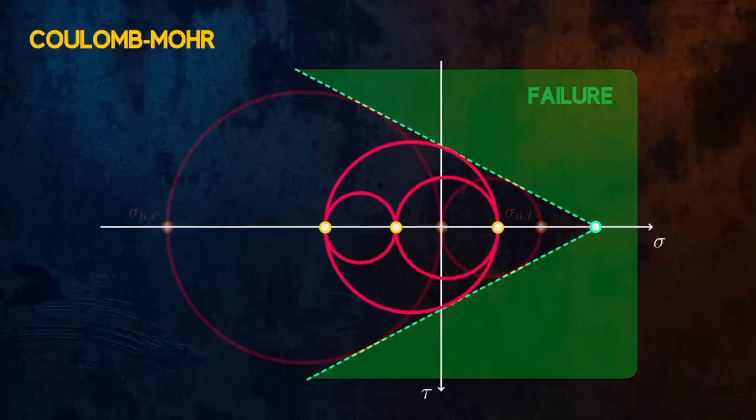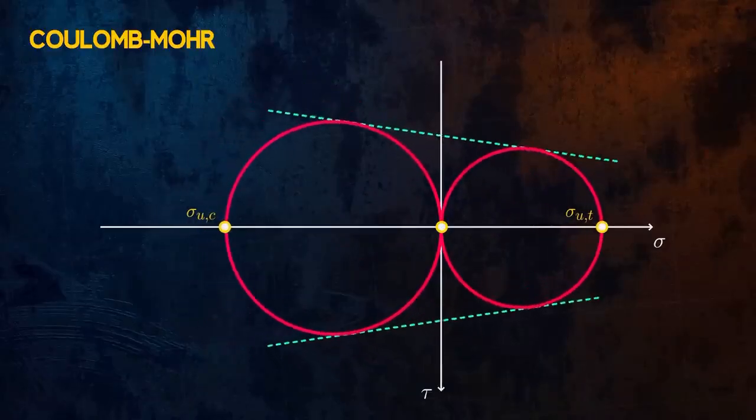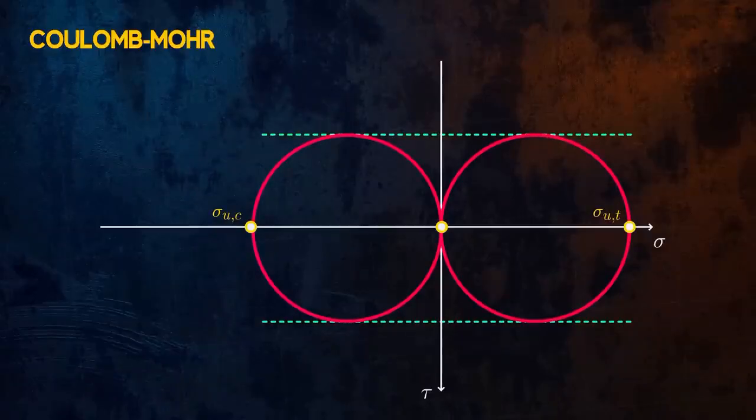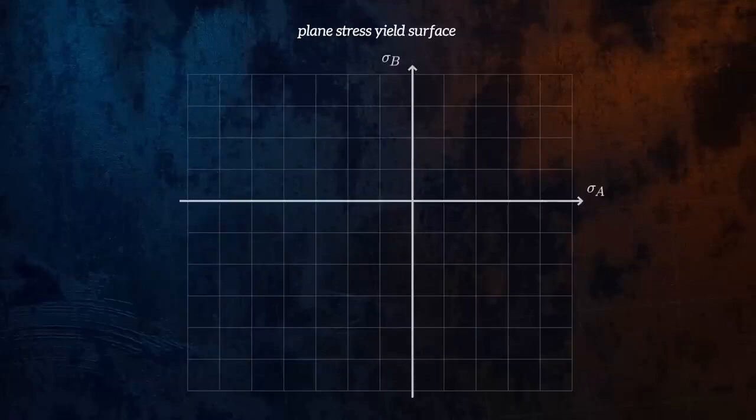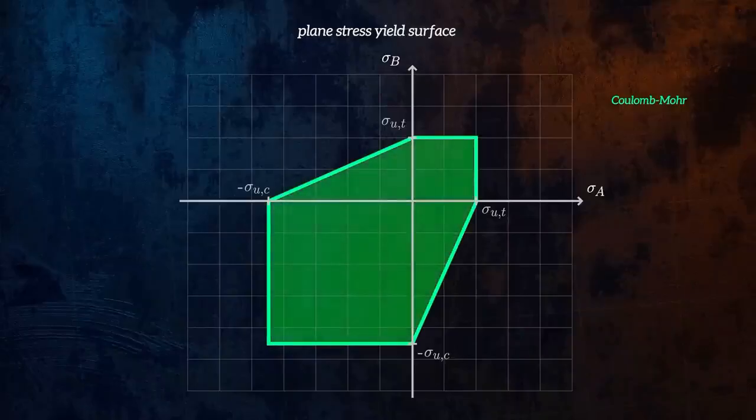The Tresca yield criterion we saw earlier is actually a special case of the Coulomb-Mohr failure theory, where we have the same material properties in tension and in compression. The plane stress failure surface for Coulomb-Mohr theory looks like this. As you can see, it doesn't agree particularly well with experimental data in the bottom right quadrant.